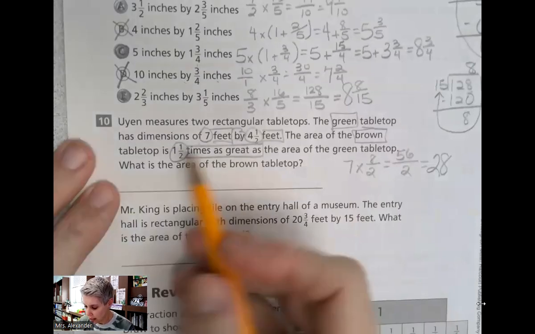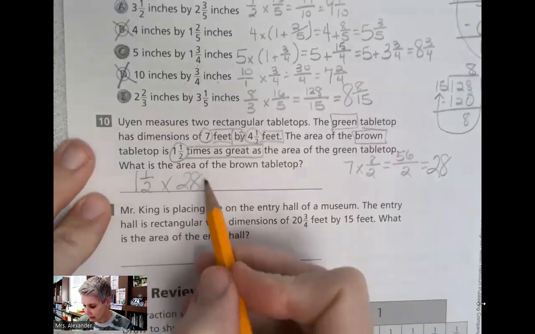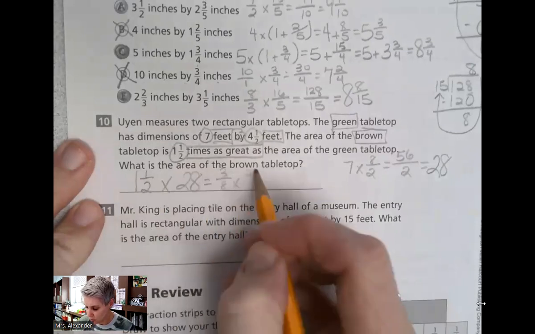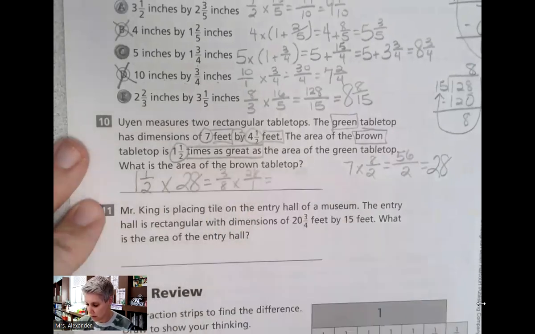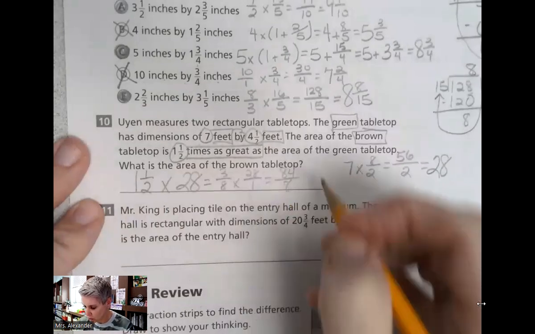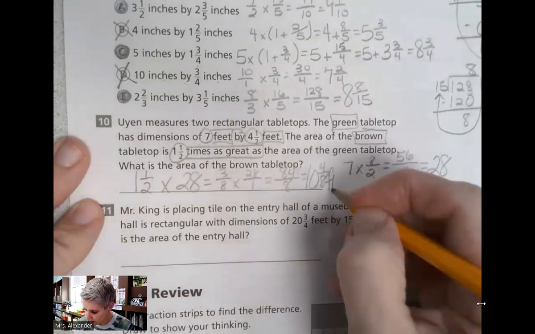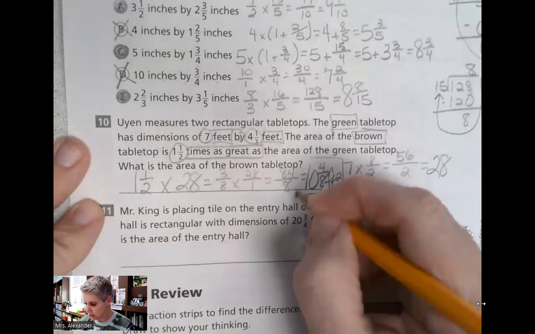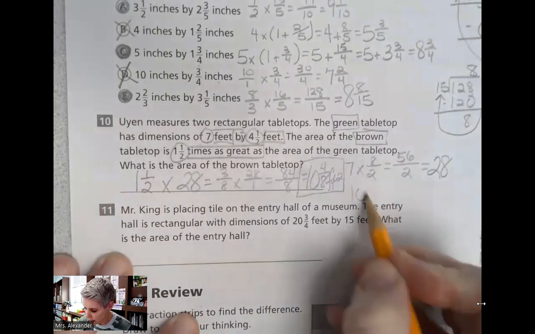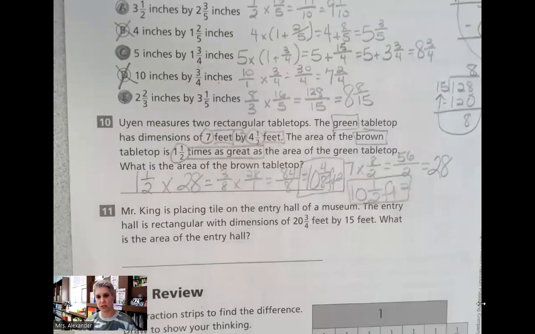All right, 1 1/2 times 28 equals, we have 3 halves times 28 over 1 equals 84 eighths, which is going to be 10 4/8. We are talking square feet here. You may notice 4/8 can be simplified. 10 1/2 square feet for a simplified answer. I'll box both of those. They're both good.